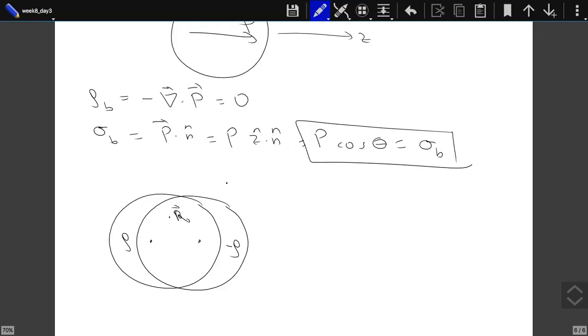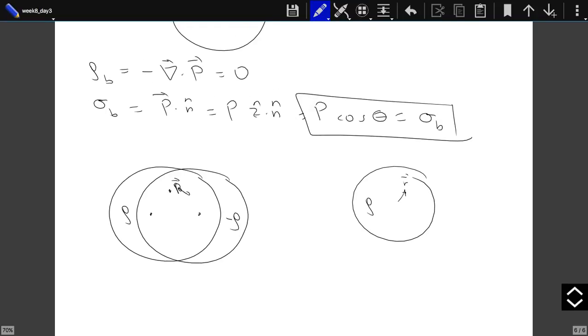For an observer inside, if we would have a single homogeneously charged, non-conducting sphere with a volume charge density rho, the electric field at this point R will only feel the charges within this volume, not the charges outside.